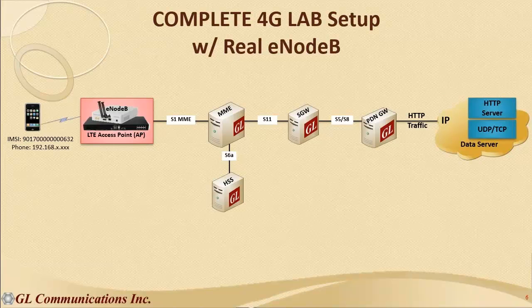Then a real eNode B is used here, which can be connected to a mobile. So mobile testing can be carried out here, or the user can replace the real eNode B with the DUT, device under test, and test the eNode B.